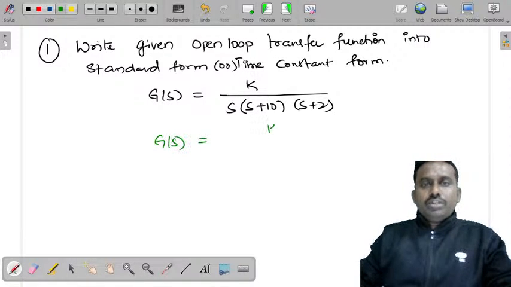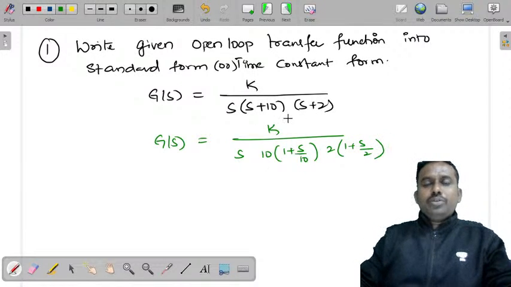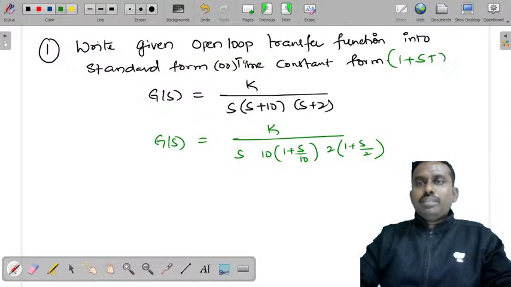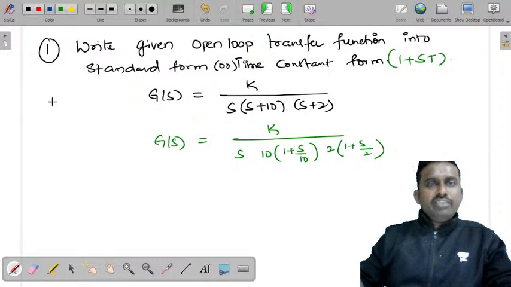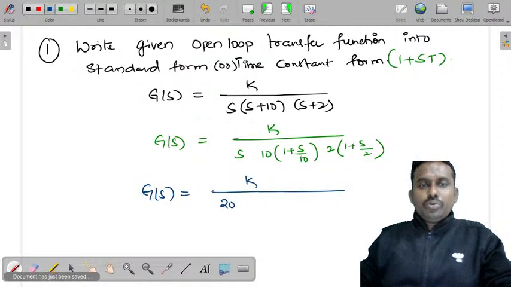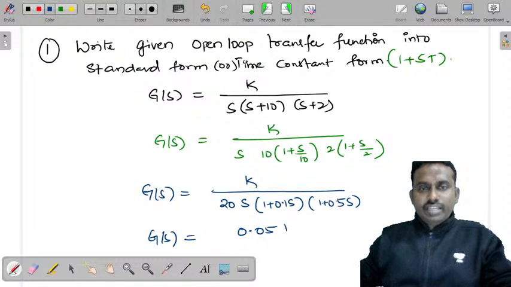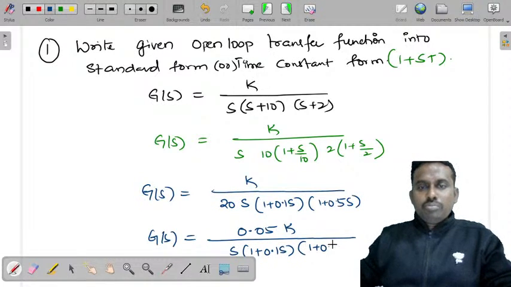So G(s) is equal to K by s into 10 into (1 plus s by 10), 2 into (1 plus s by 2). Take common 10 and 2. You need to write it in time constant, that is 1 plus sT form. So G(s) is equal to K by 10 into 2, 20s, into 1 plus 0.1s, and 1 by 2, 0.5s. So G(s) is equal to 0.05K by s into (1 plus 0.1s) into (1 plus 0.5s).